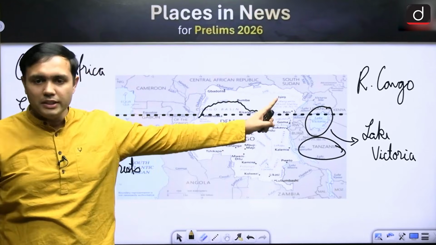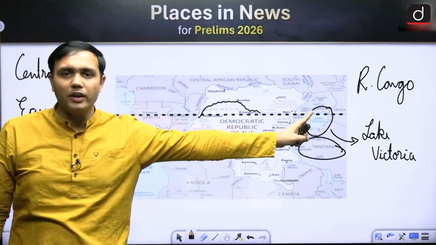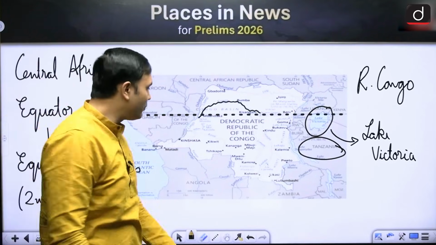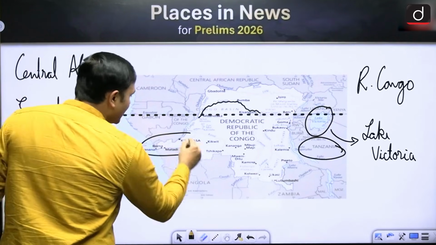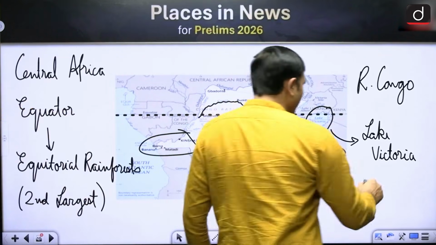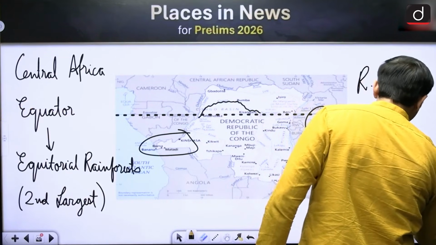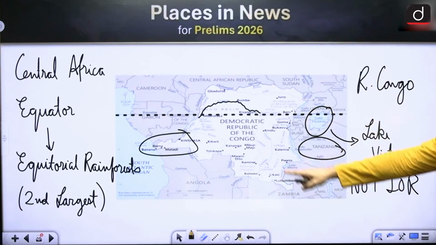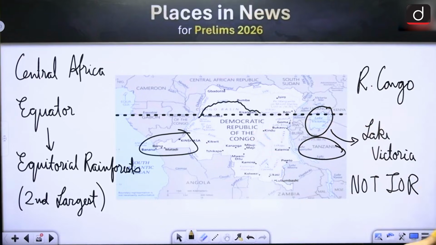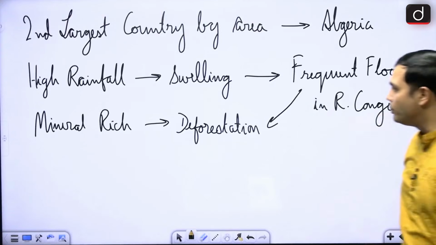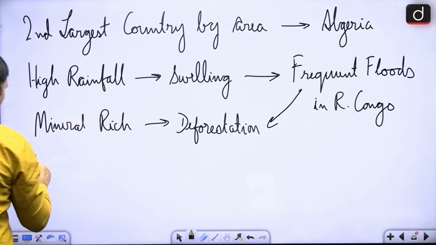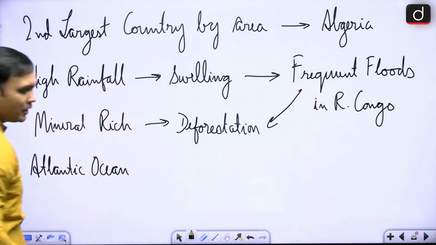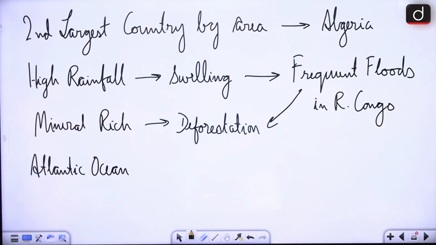That means this particular country is not having any borders with Lake Victoria. In fact, the next important thing that you have to remember is that it is not an Indian Ocean region country, but an Atlantic opening is there. So it has an opening in the Atlantic Ocean, right?